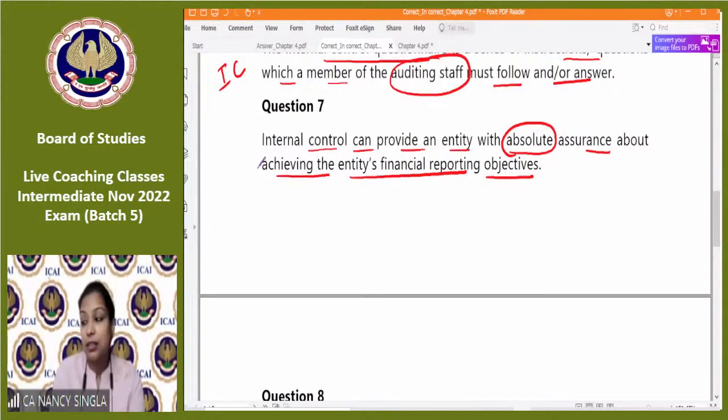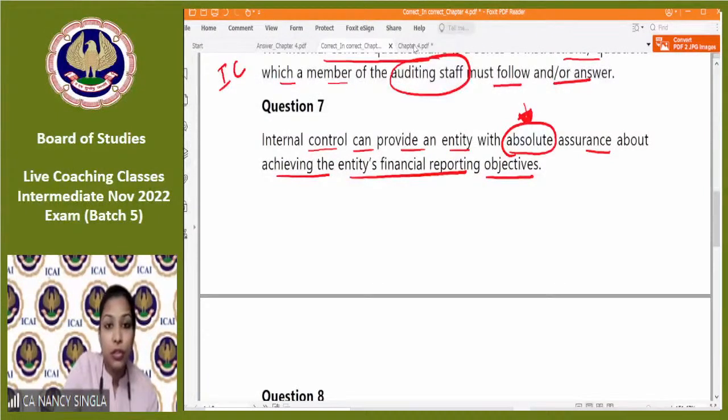These lines are picked up from the module. But unless you read them with concentration and the entire question, you might have missed an important word. So the keyword here is what? Absolute.